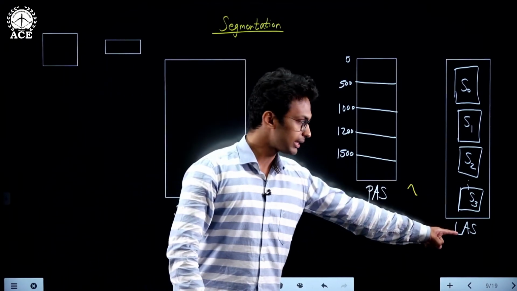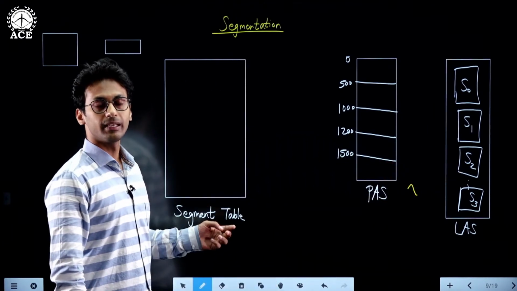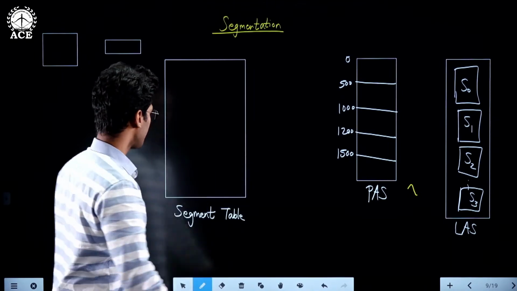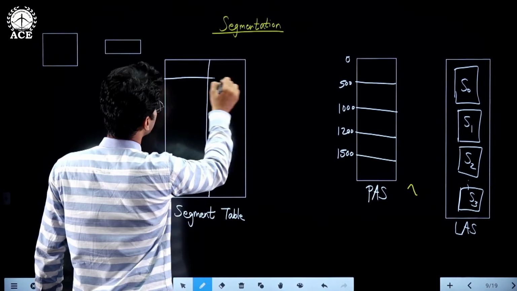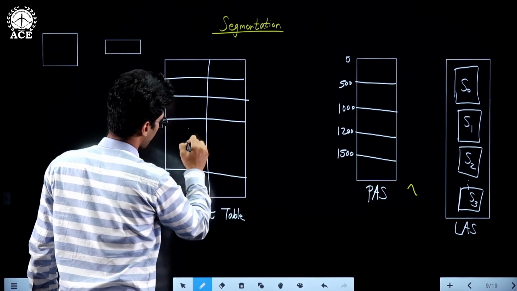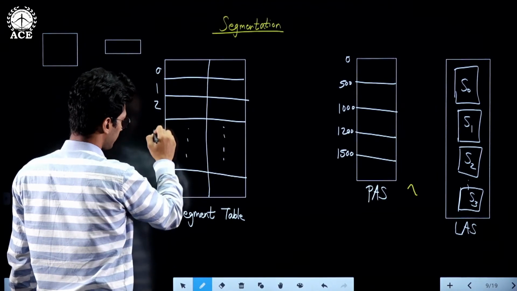Now in logical address space there are segments, which is why we are maintaining a segment table. In which particular segment do we want to go? That is what we will maintain. 0, 1, 2, and so on.